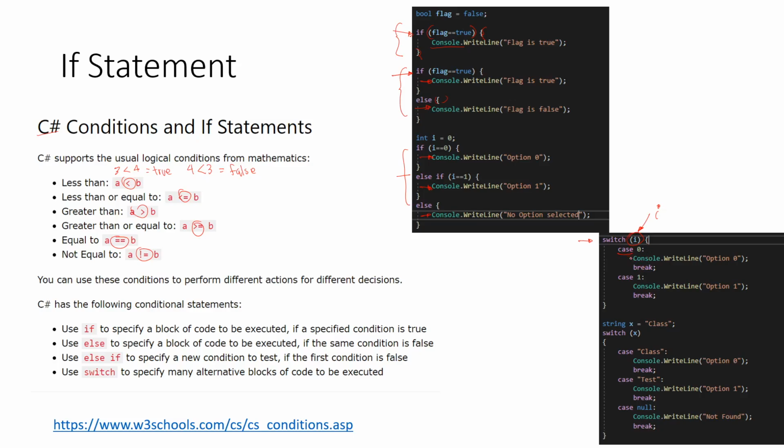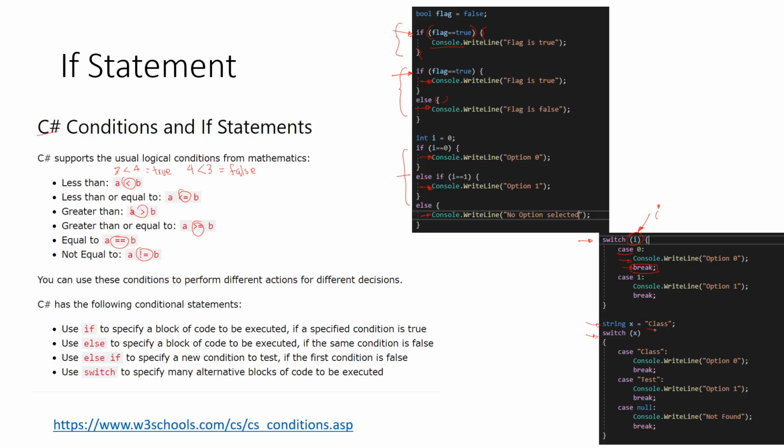That's why we use this word. In case i is equal to 0, run this, and we need this break to stop the execution of the switch, because if we don't put the break, it will execute all the cases. So this is how the switch works, and we will do it in code so you can see.